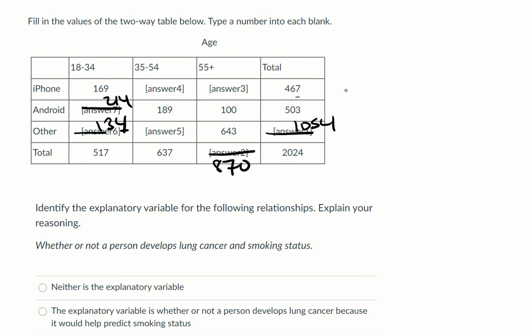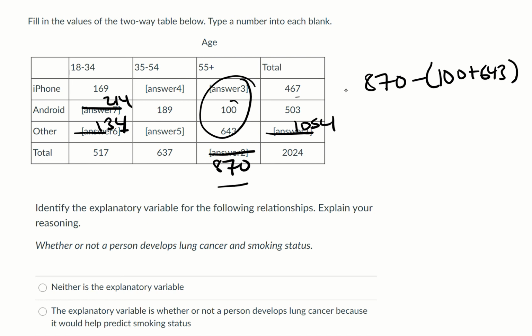All right, now that we have that, we know that these three have to add up to this, right? So we're going to do 870 minus those two numbers added together. And you get 127. Okay, we're almost there. Now these three numbers add up to this number. So we do 467 minus 169 plus 127.